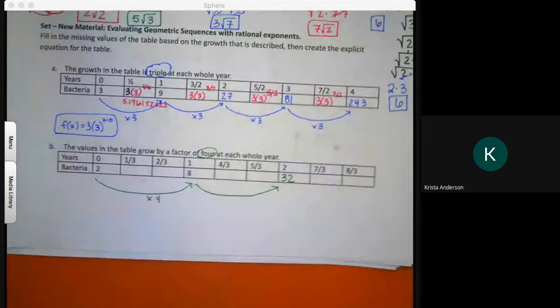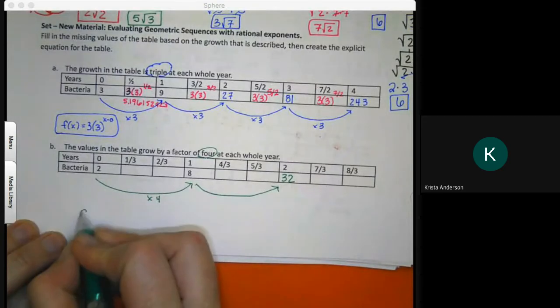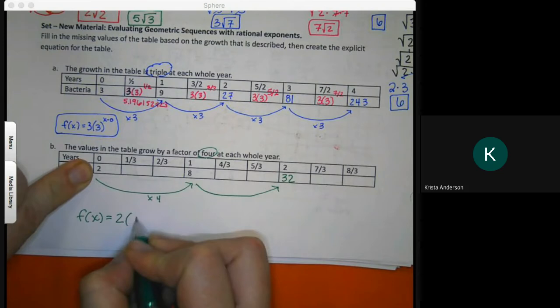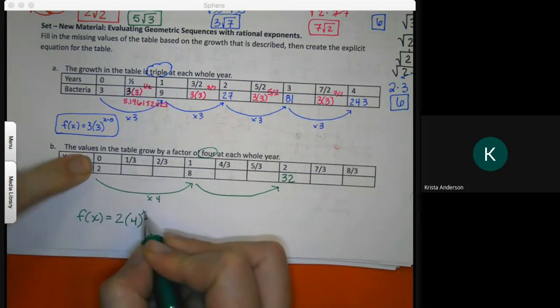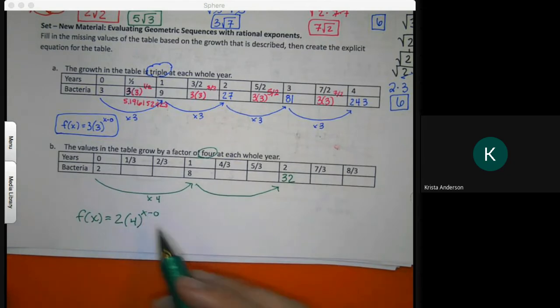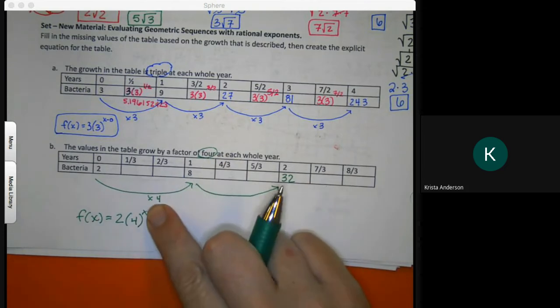I will now build f of x is equal to 2 times 4 to the power of x minus 0. Minus 0 won't do anything or affect my power, so I could actually just write it without it if I wanted to.